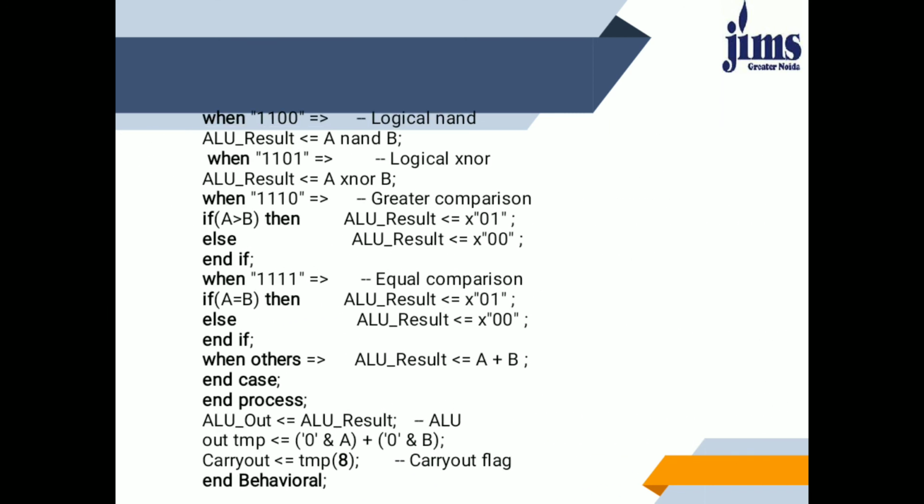In the last we will end the process and case statement and finalize the output of the ALU which was stored in ALU result. We can also concatenate the A input and B input if we want to store the carries in a temporary signal. So it depends upon our requirement. So this is the way we can write any program of an ALU.